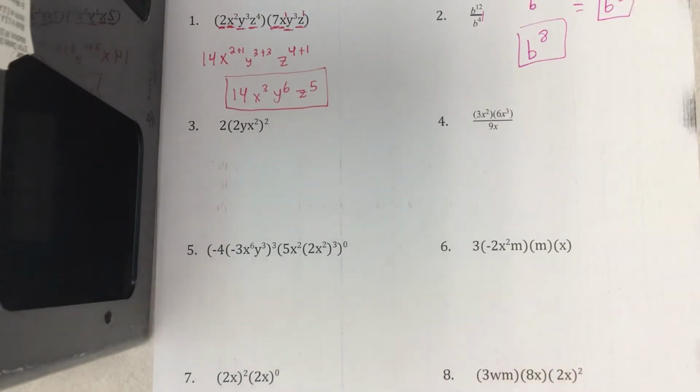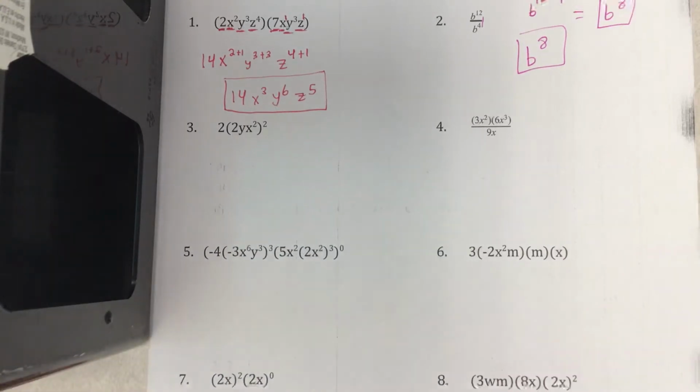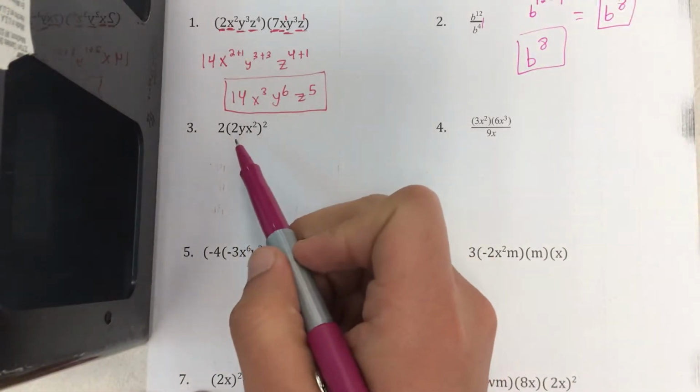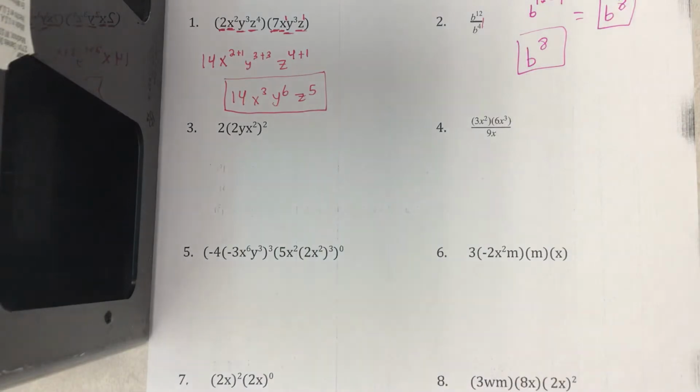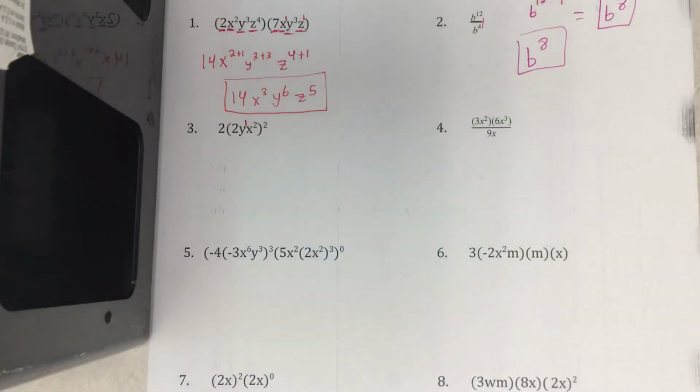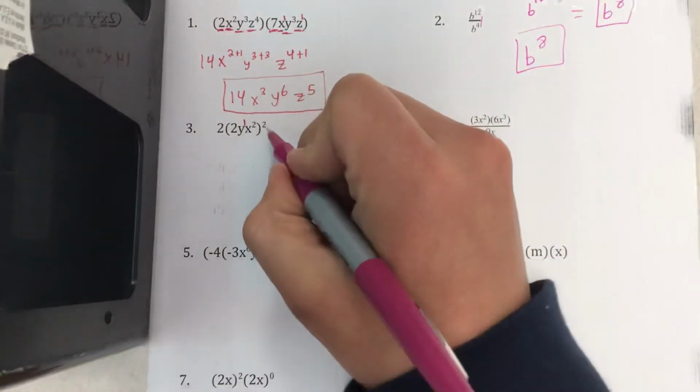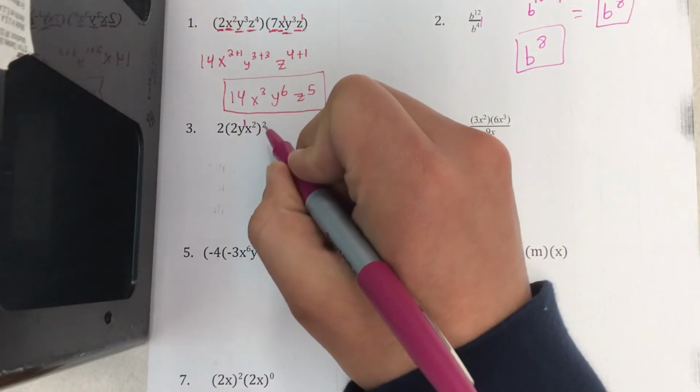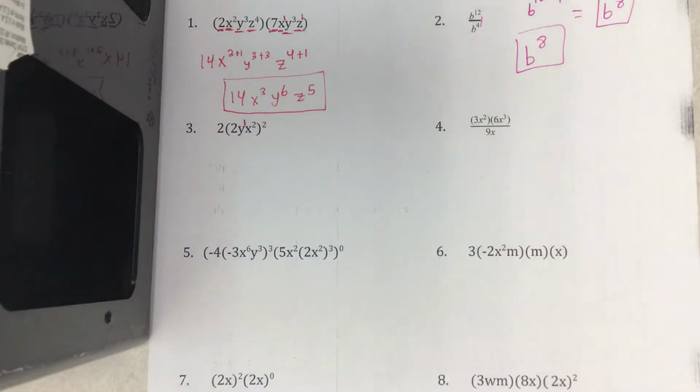So as y'all can see, they're getting a little bigger as we slide down. So this one right here, I have 2 times 2yx squared all raised to the second power. Okay? So first of all, let's give this a little 1. Okay? And then we notice there's 2 rules, hopefully y'all see there's 2 rules that I have to do. The first rule that we're gonna do here is the power to power rule, because hopefully y'all notice I have this exponent of 2 outside the parentheses.